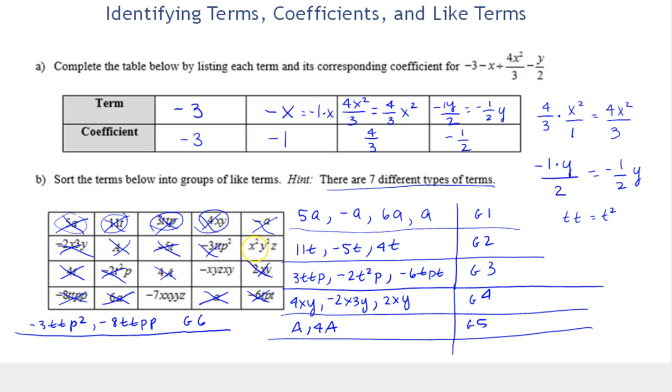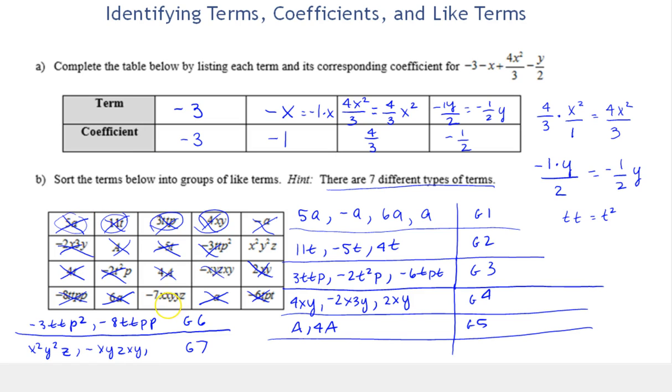And now here we have 2 factors of x, 2 factors of y, and 1 factor of z. So they should all be in this group, but I'm still going to double check as I go to make sure we didn't miss anything. So we have x squared, y squared, z. This has 2 factors of x, 2 factors of y, 1 factor of z, so this checks.